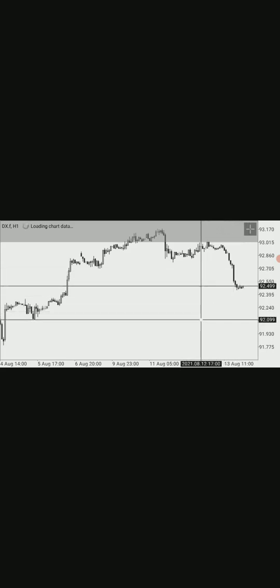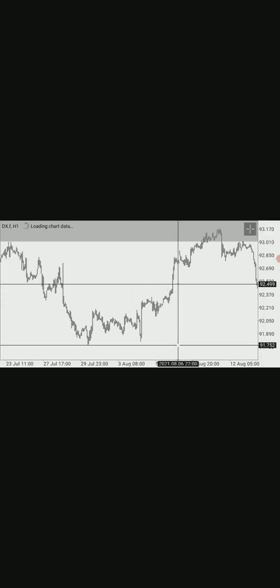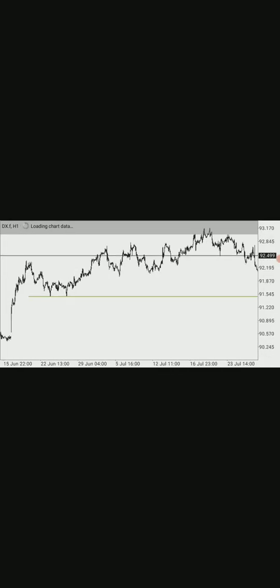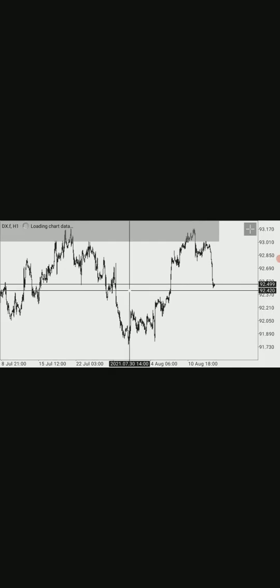I want to see it coming down and taking out these lows and then this other low. That's what I'll be looking for. But bear in mind that the market could trade higher and take out this high, though I don't really see that happening. It's really unlikely for the market to do that. Be very careful in trading this environment. This is an uncertain environment.